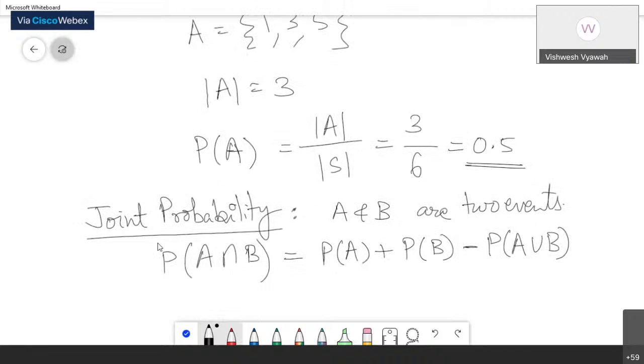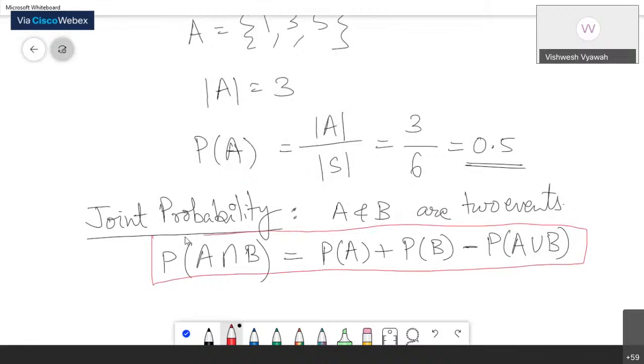This relates to our probability as a measure. This is the third condition. If A and B are disjoint, then this will be 0. Oh no, that was another formula, my mistake. So this is an important formula about probability of A intersection B.